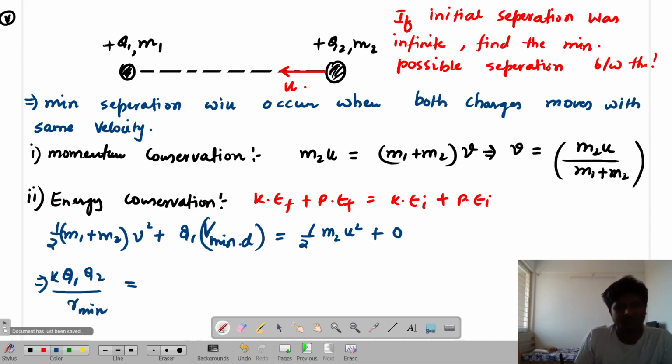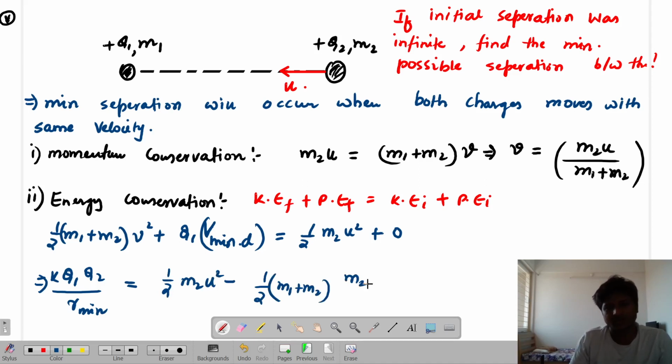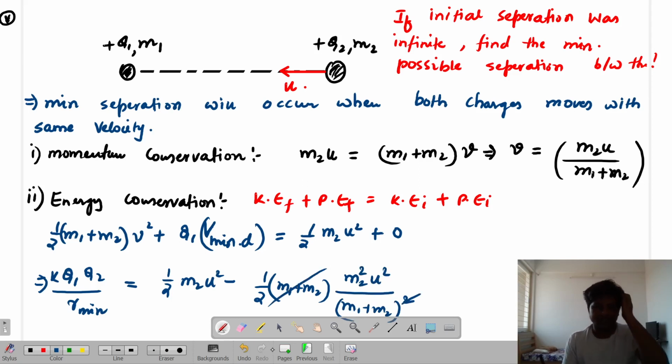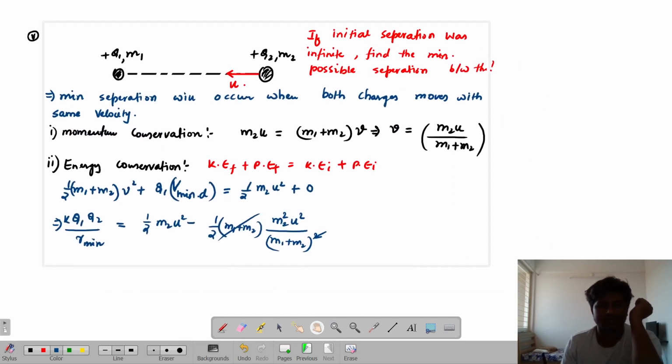That is exactly equal to half m2 u square minus half (m1 plus m2) v square, which is m2 square u square divided by (m1 plus m2) whole square. When you solve it, this one and this one get cancelled. I'll not solve the whole thing fully.